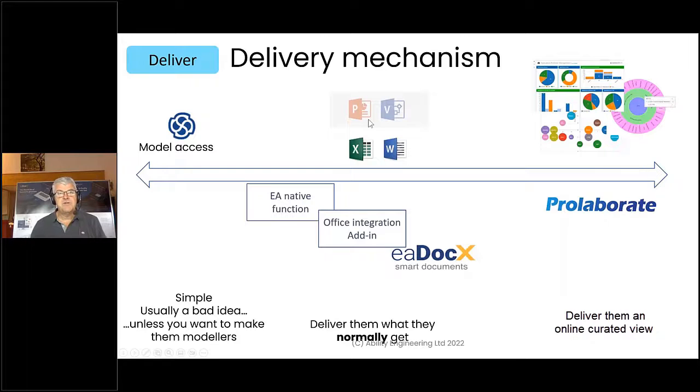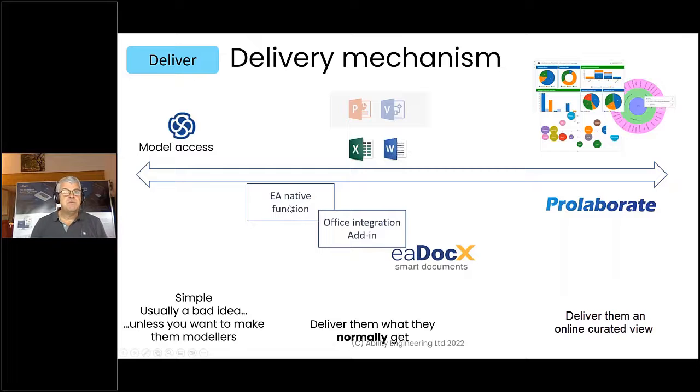Just say, yeah, you can have access to a model because that's just better. But Word and Excel, yeah, okay, it's a pain, but there are lots of ways of giving them good documentation out of your model in that format to give them the interaction and the delivery that they need.